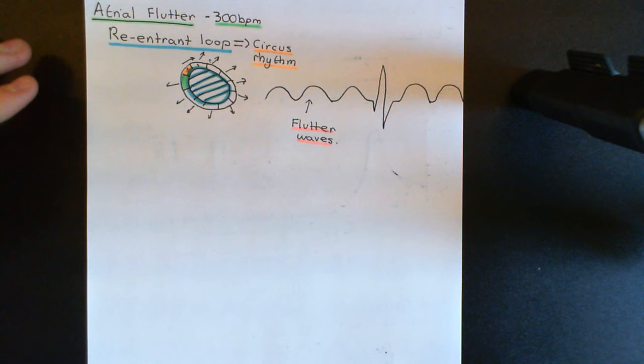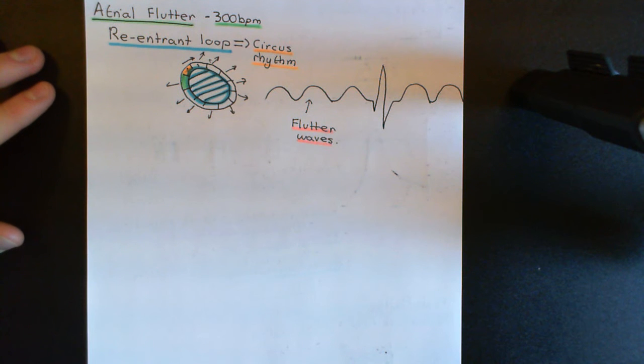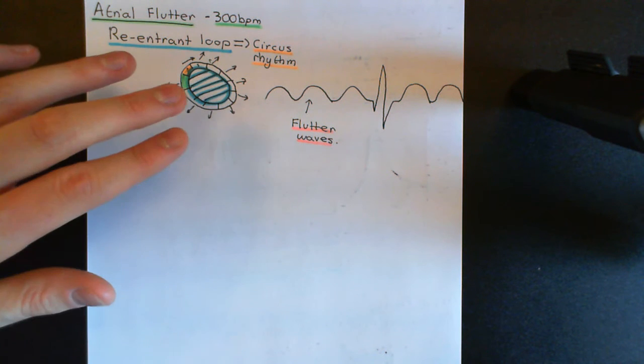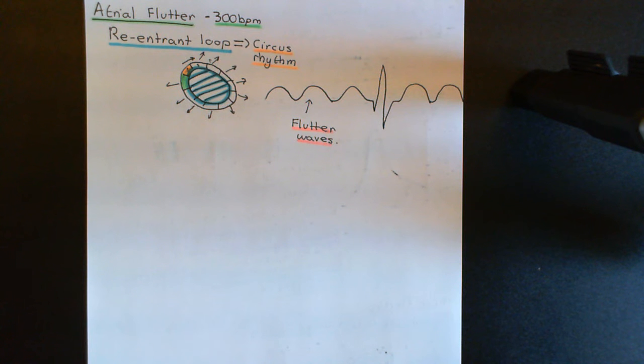For that reason, we want to try and reduce how many of the electrical signals from the atria are actually getting down to the ventricles, so that even though the atria might be contracting at a ridiculous rate, we can hopefully prevent ventricular tachycardia and therefore maintain a healthy stroke volume.